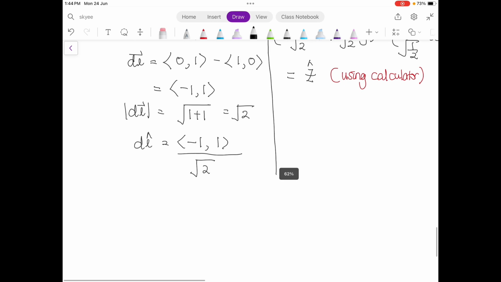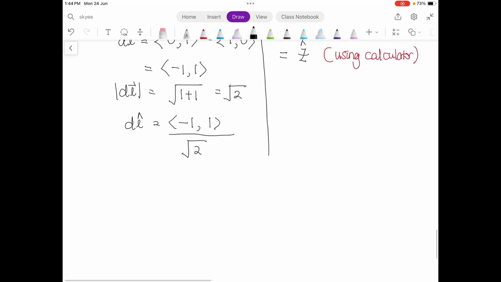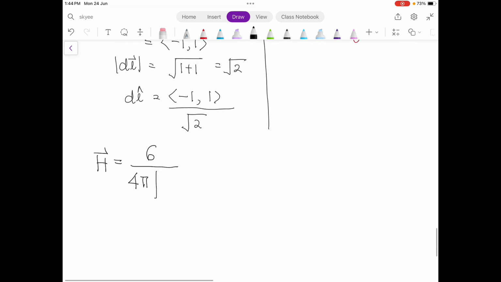Okay, so now it's time for us to put all the values that we have into the final equation. So the current is 6 over 4 pi, and the R is the square root of 1 over 2, right?